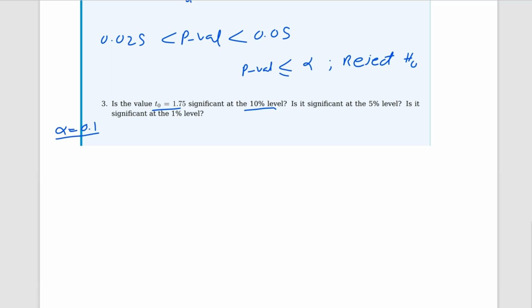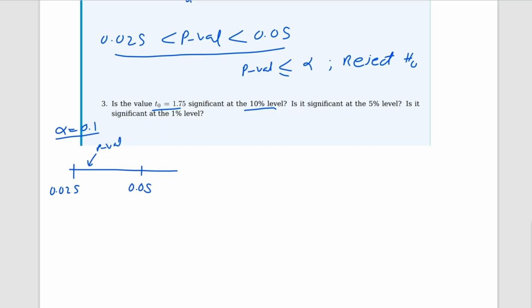Then you know here the p-value should be in between 0.025 and 0.05. From this, we knew that before, right? Now, the p-value should be somewhere here.